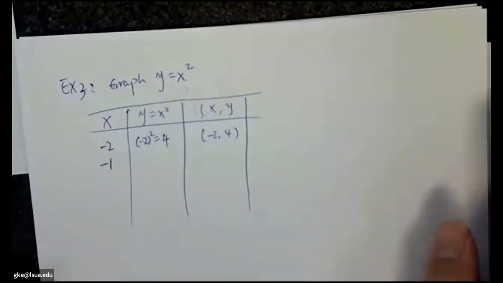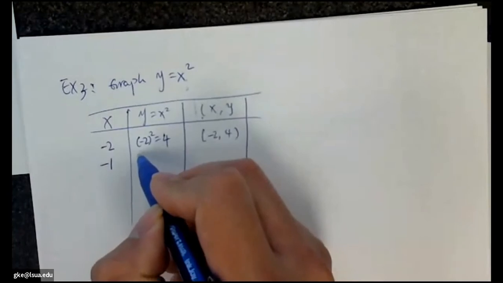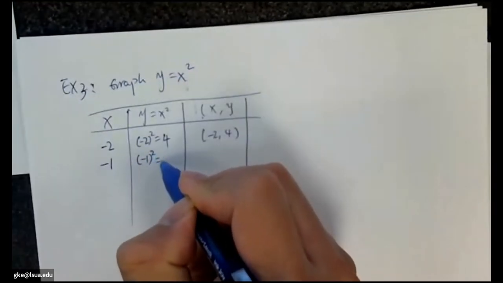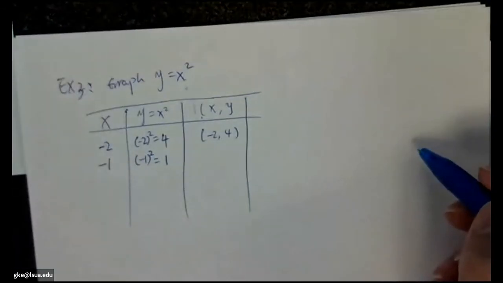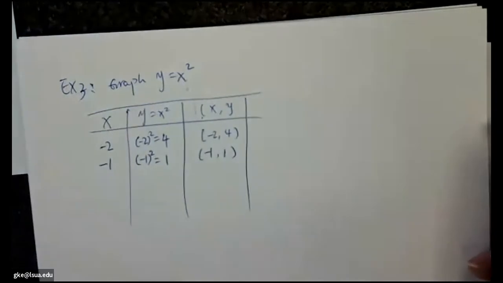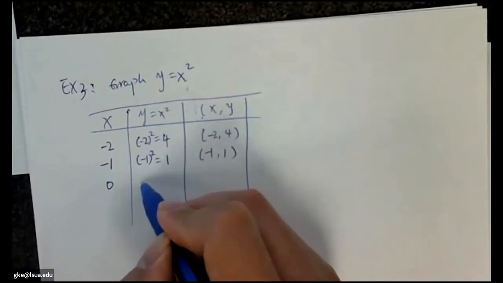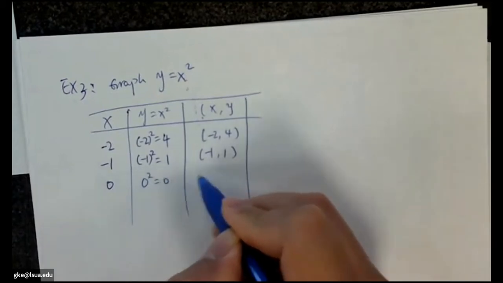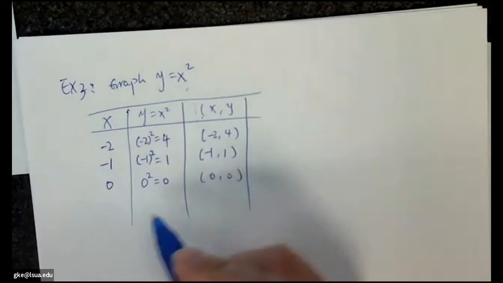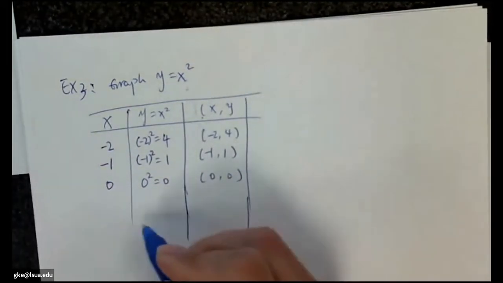Then we pick -1. We plug in -1, equals 1. And we can see the point is (-1, 1). And then we pick 0. We plug in 0, that is 0. And the point is (0, 0), right? And of course, you continue to pick.